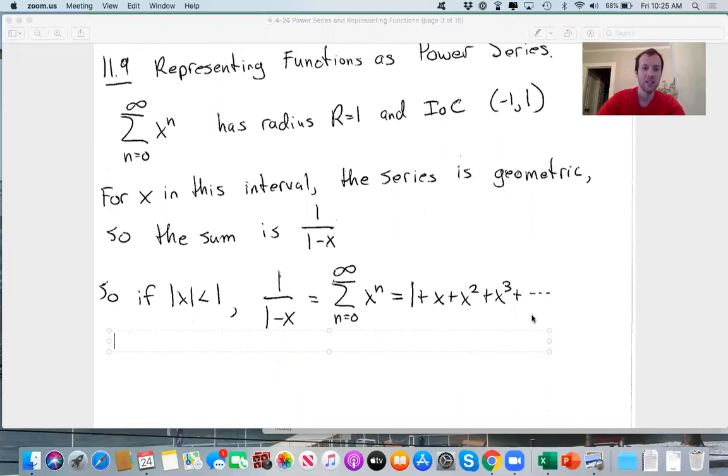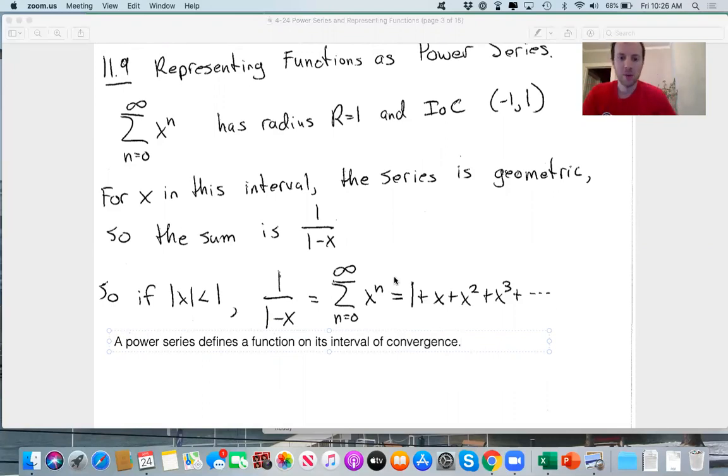But the idea is that a power series defines a function on its interval of convergence.